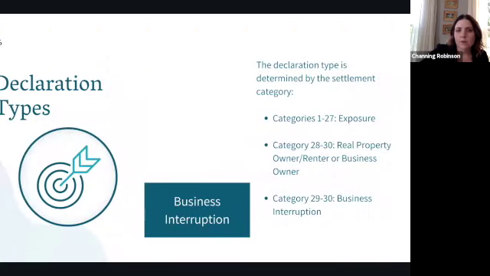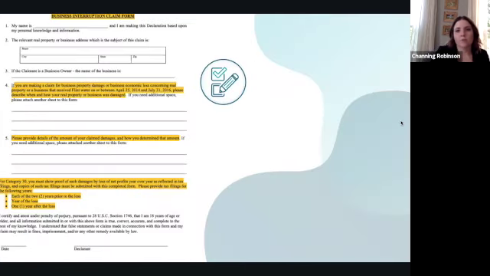The next type of declaration is a business interruption claim form. Again, you will need to complete one form for each business the client owned, that you owned from April 25, 2014 to November 2020. So if there are multiple businesses, you're going to want to complete multiple forms.